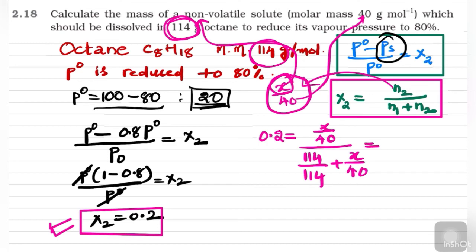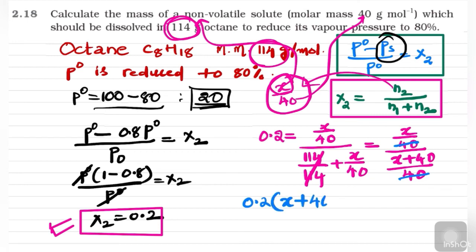If we solve further, this cancels out and it becomes x by 40 divided by (x plus 40) by 40. On further simplification, here 40 gets cancelled out, so we are left with x by (x plus 40). On cross multiplying, we will get 0.2 multiplied by (x plus 40) equals x.